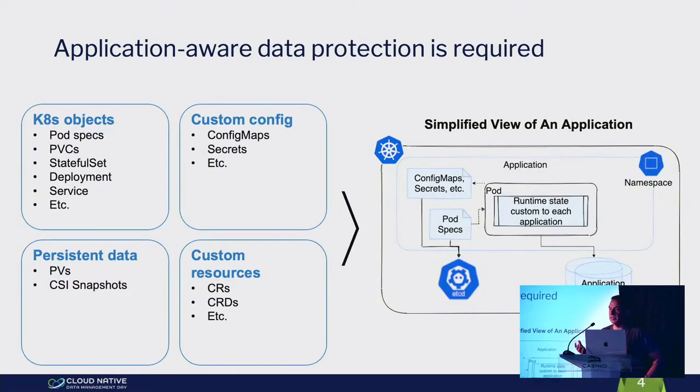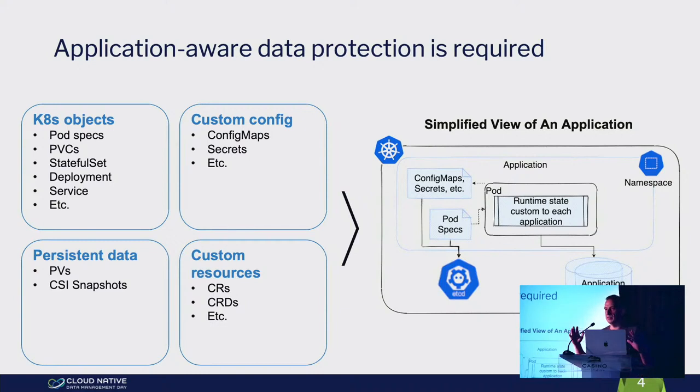And what we really need is some kind of application-aware data protection solution that treats a Kubernetes application as an entire unit, as a whole, to make sure that you can protect everything, not only the data inside the persistent volume, which is very important and very valuable, but also all the Kubernetes objects and all the metadata.